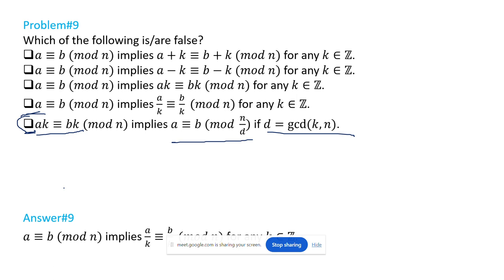Of course, if the congruence holds in modulo n by D, then it is also true in modulo n, but you have to be careful when you are multiplying. If I write that A is this modulo 10, that necessarily means 7A is also congruent to 7B mod 10, because I am multiplying both sides.